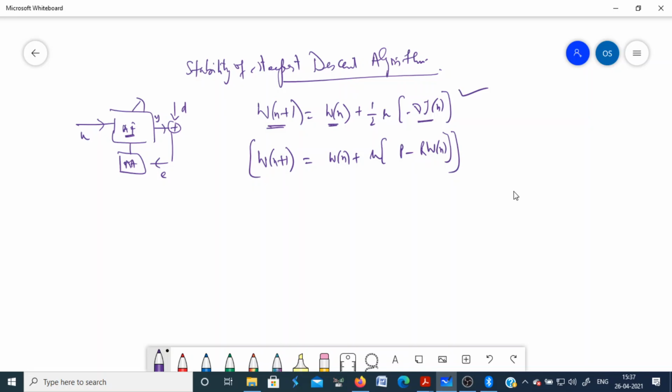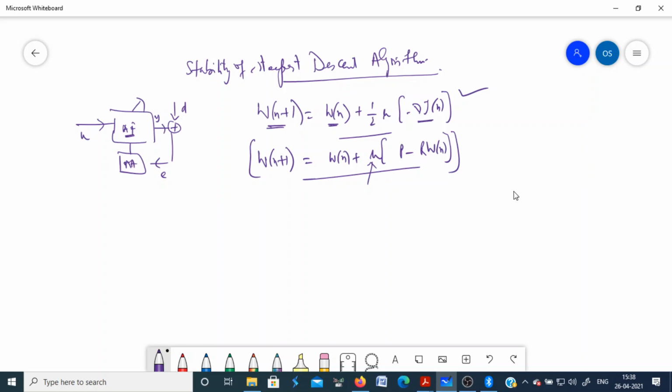Then with the vector of filter weights W1, you again find the gradient and update that vector at n is equal to 2, we get W2, W3 and so on, as per this equation. So this mu and this R are the two deciding factors for the stability of this algorithm.